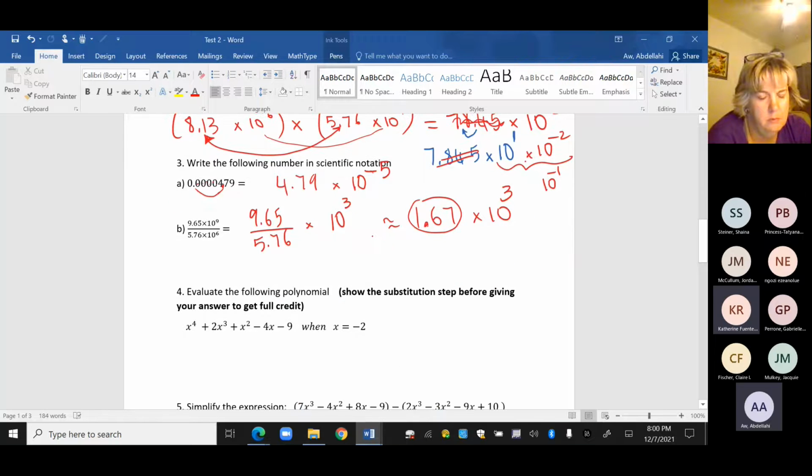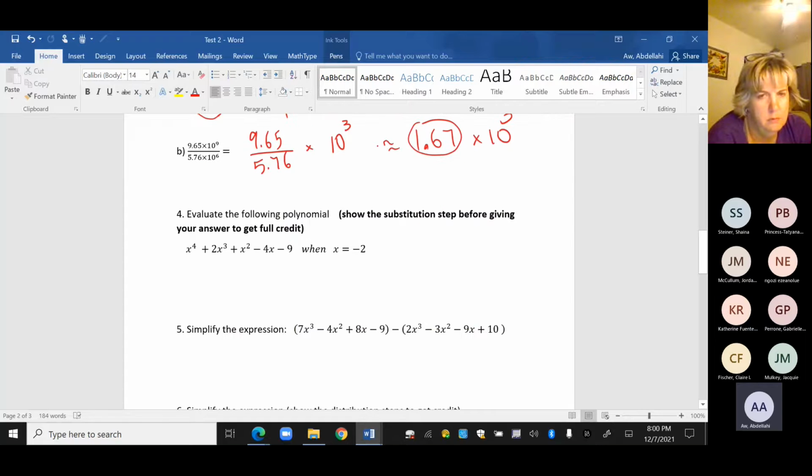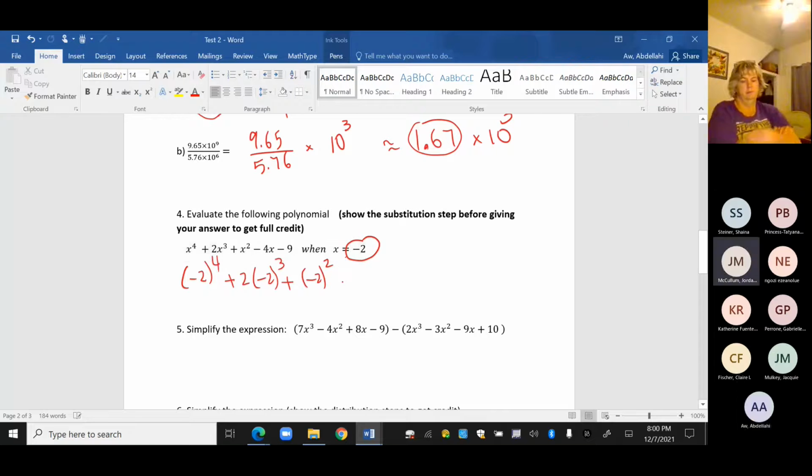Okay, and then we came back to this, evaluate a polynomial. Remember what you do? You take that number, you plug in that number, and here, frankly, we just take care of the negative sign. We have to put parentheses. It's (-2) to the 4th power plus 2 times (-2) cubed plus (-2) squared plus (-4)(-2) minus 9, right?